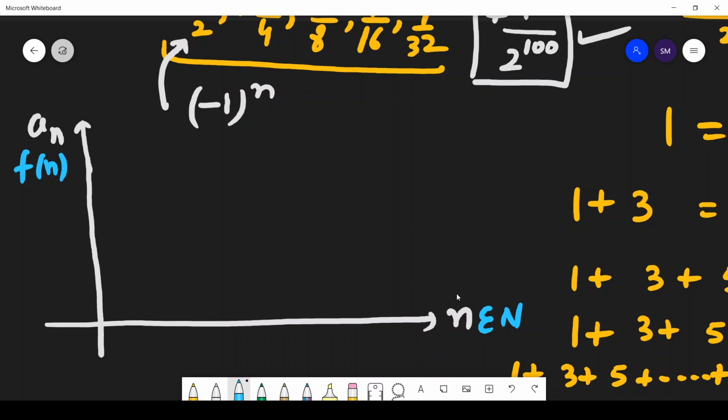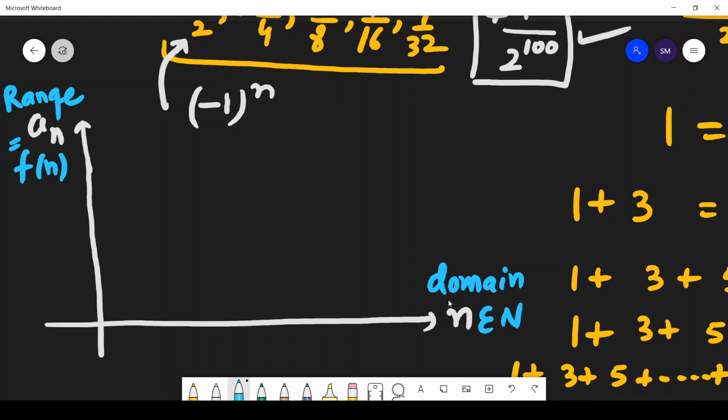And what is another thing that I told you about? This n is the domain. And this an or f of n is the range.